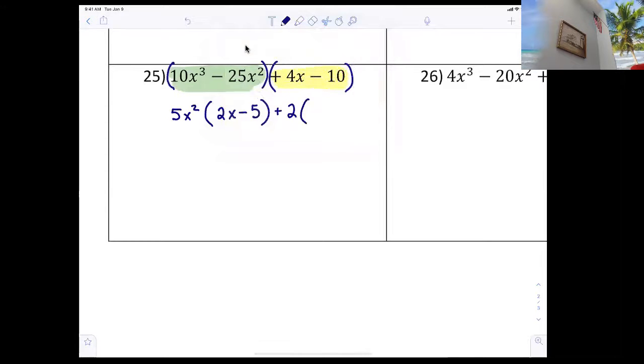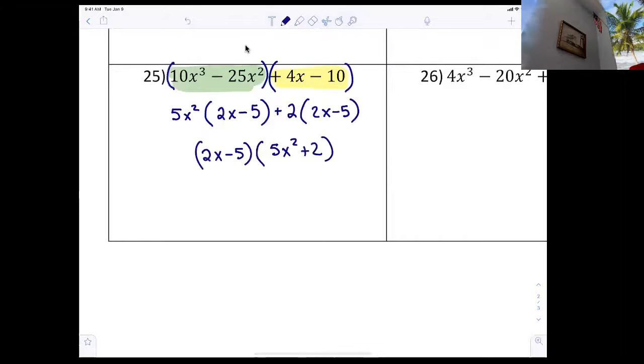What's left? 2x minus 5. What's common? 2x minus 5 parentheses. 5x squared plus 2. Hunter, you all right? Yeah.